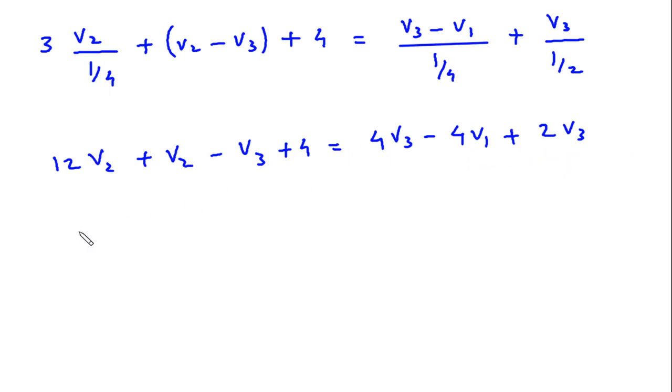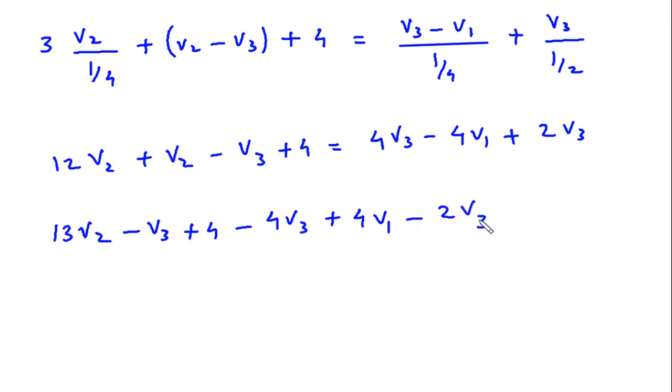Now this will be 13V2 minus V3 plus 4 minus 4V3, then plus 4V1 minus 2V3 is equal to 0.